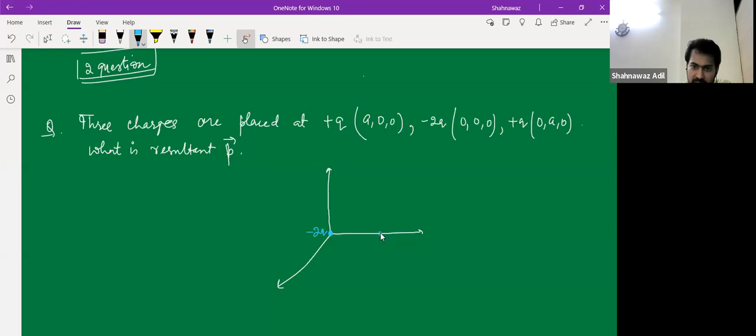The other is placed here, plus Q, and this is X, Y, Z, and the other one is placed at plus Q. So you have to find the resultant dipole moment, right?